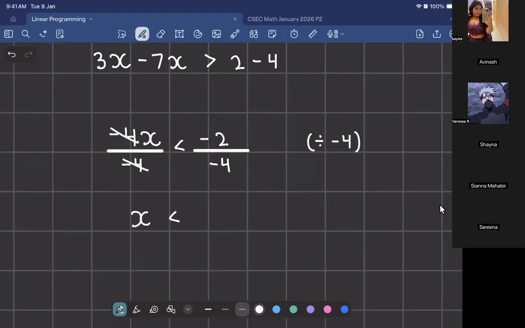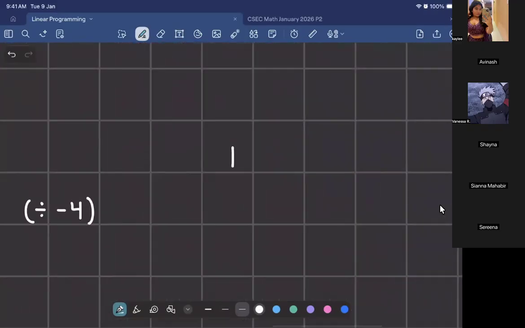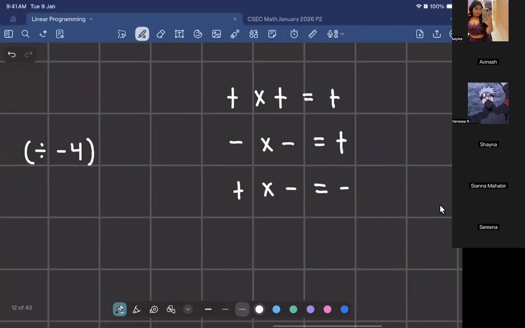Right. It's the same rules as multiplication. Recall the rules for multiplication: a positive by a positive is a positive, a negative by a negative is a positive, and so on. These are the rules for multiplication, and it's the exact same thing for division.